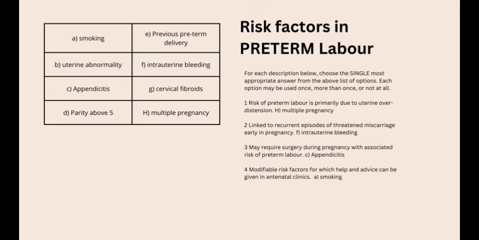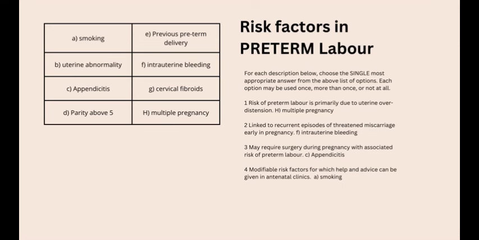Okay, here are our answers. So for the first one, the main risk of preterm labor in multiple gestations is going to be overdistension of the uterus. Because there are multiple fetuses, they will cause the uterus to be overdistended, which in turn increases the risk of preterm labor.